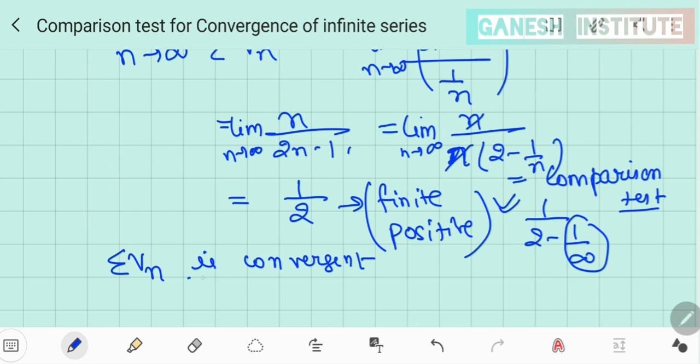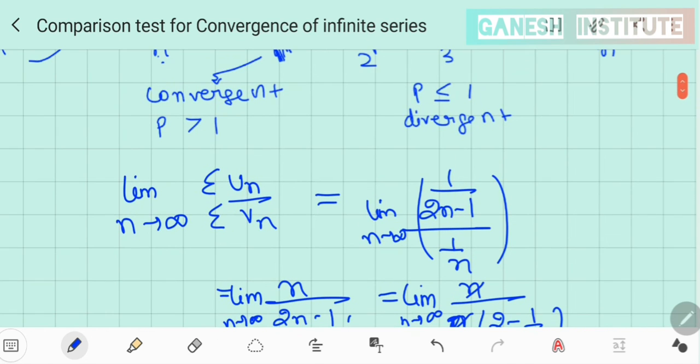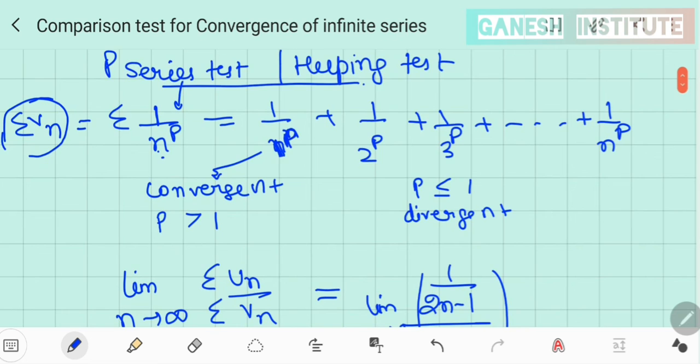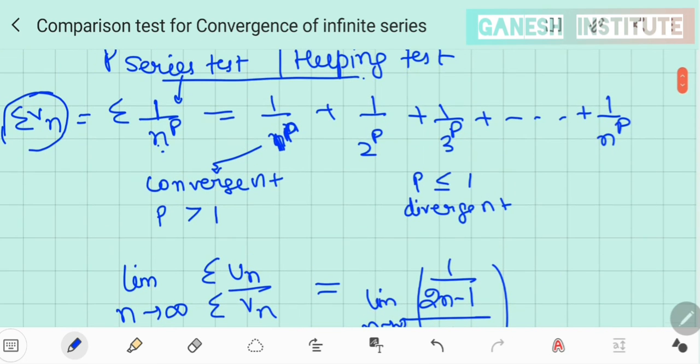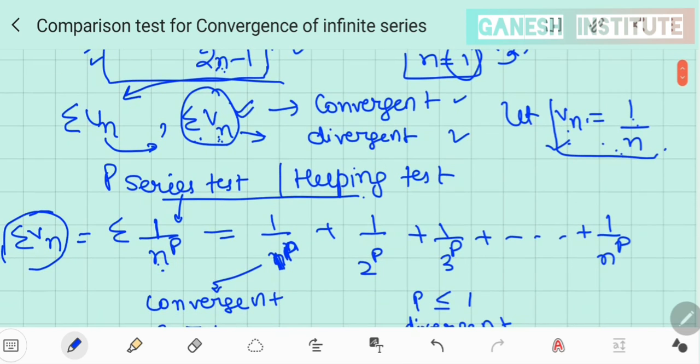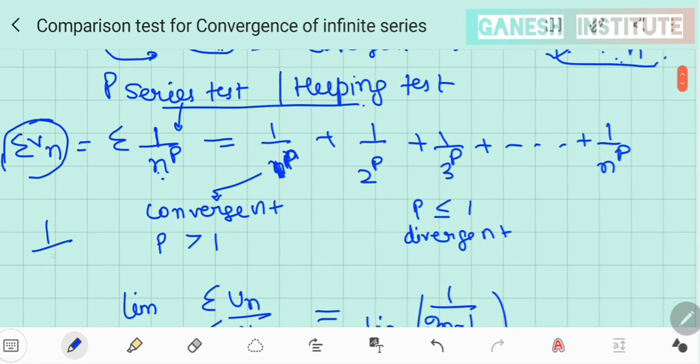Now whether Vn is convergent or divergent will be decided by the P test. So what is the P test? Your Vn is 1 by n, right? So 1 by n means n raised to power 1.